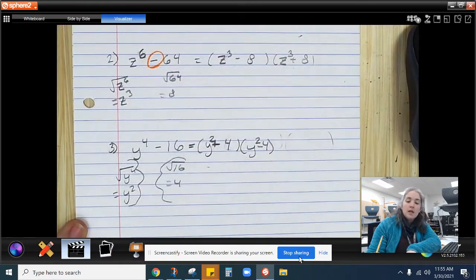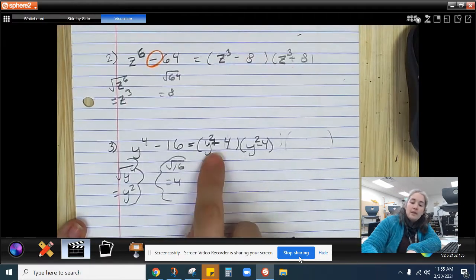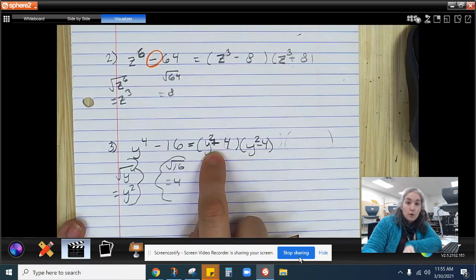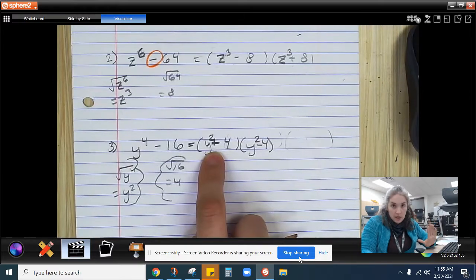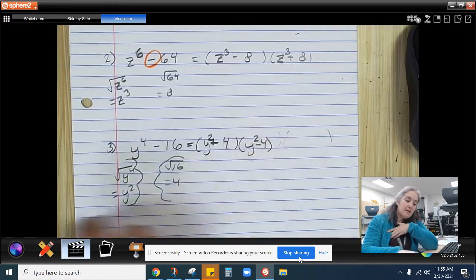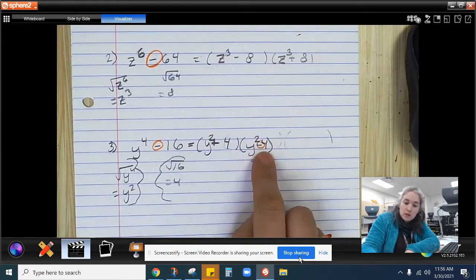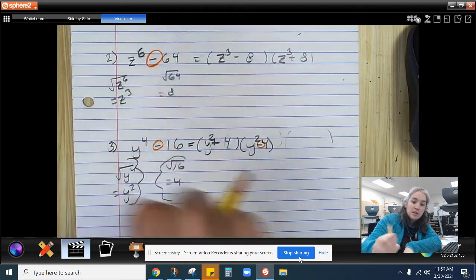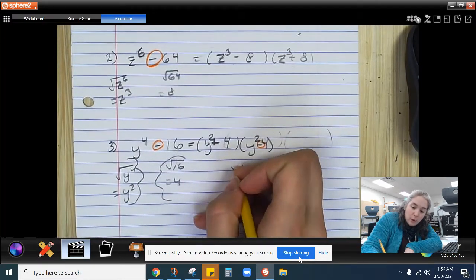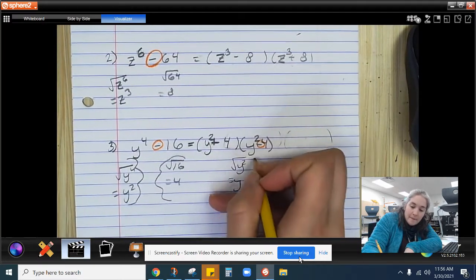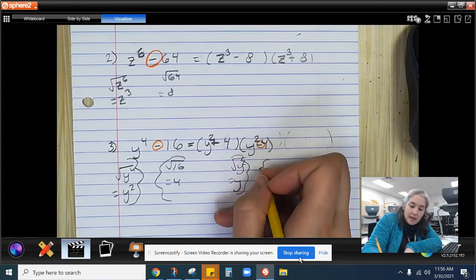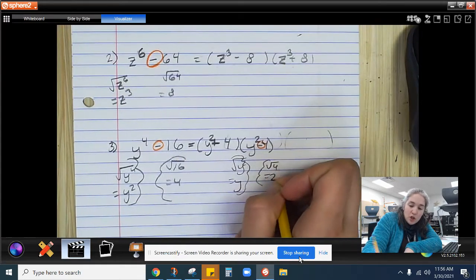Now here's something really cool. This is adding, right? Y squared plus 4. I cannot factor it more. We just talked about that. I need a difference of squares. Well, wait a second. The other one is a difference. 4 is a square. Y squared is a square. So if I square root y squared, I get just y, and if I square root 4, I get 2.